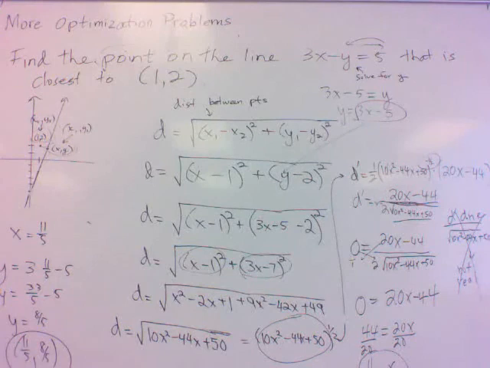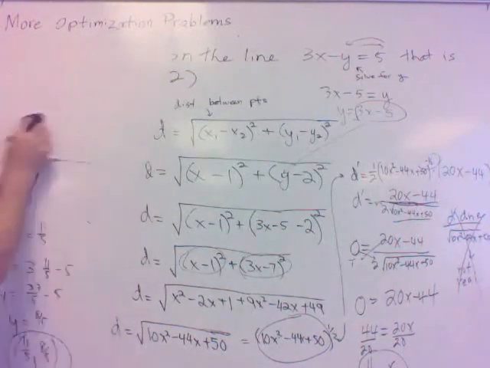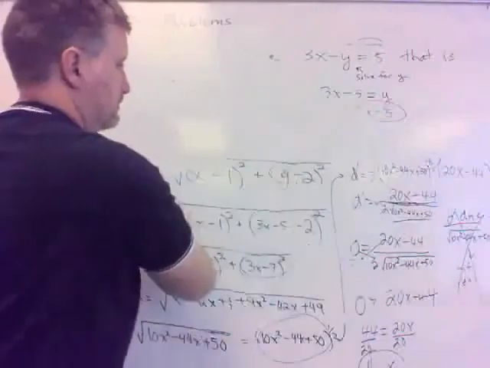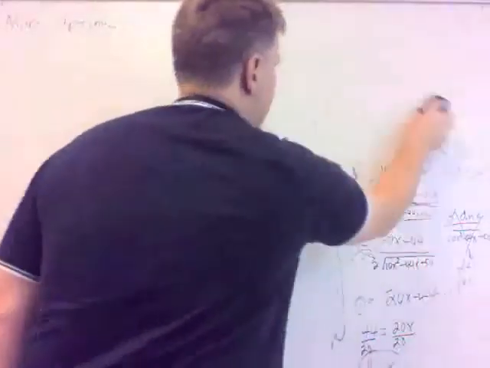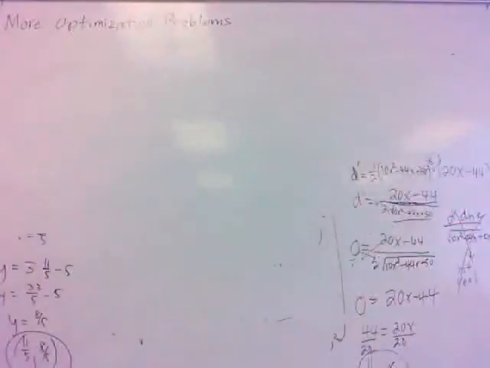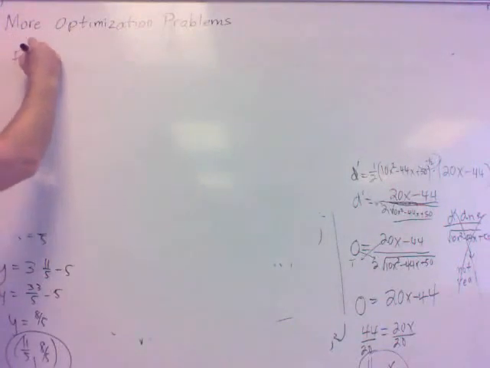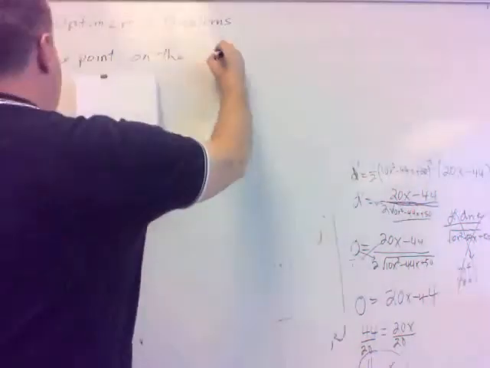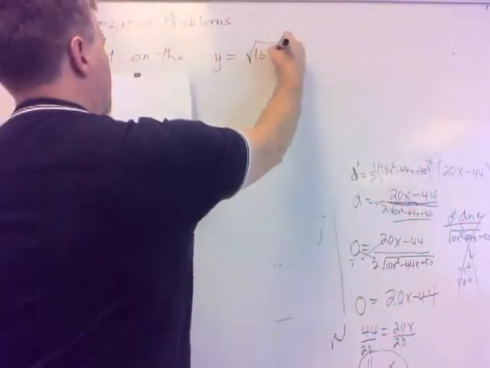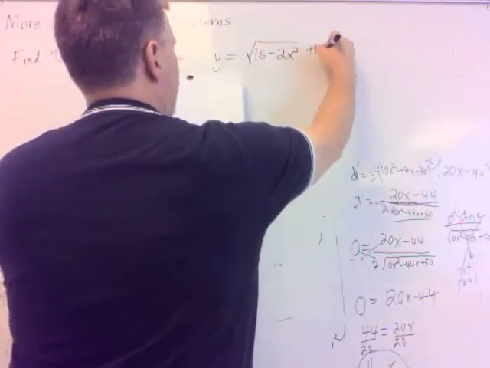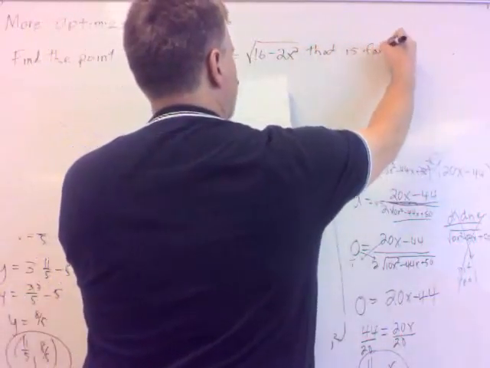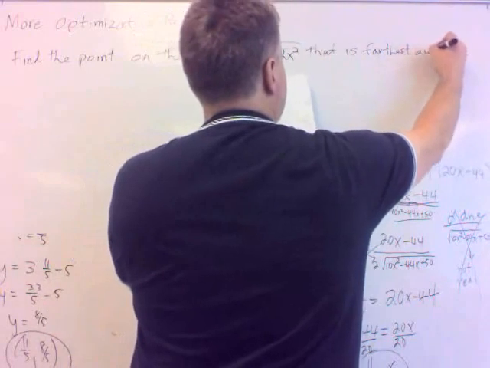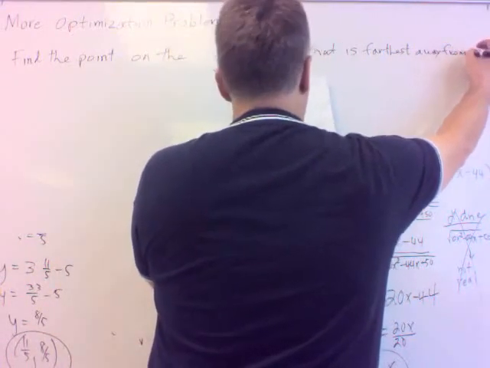Okay. This next one is a similar one. Find the point on the curve y equals the square root of 16 minus 2x squared that is farthest away from the point (1, 0).